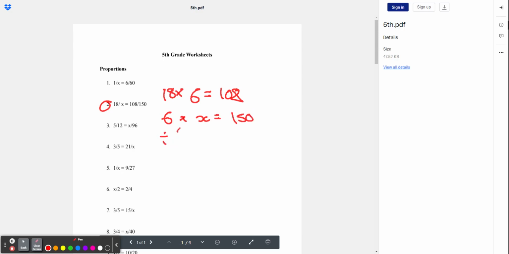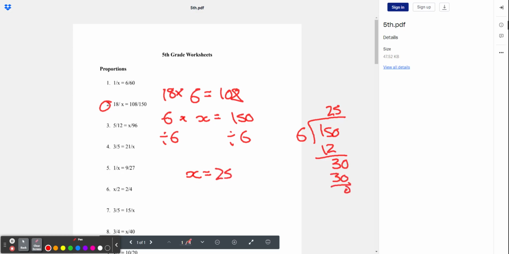So we're going to divide both sides by 6 once again. And when we do that, we'll get x is equal to 25. So that means 18 over 25 is equal to 108 over 150.